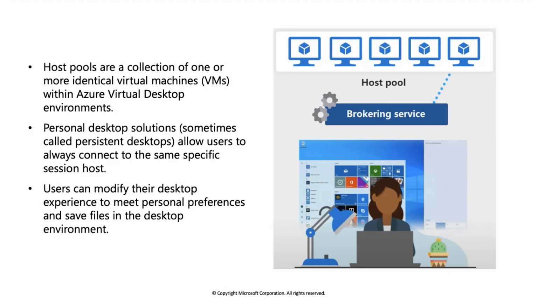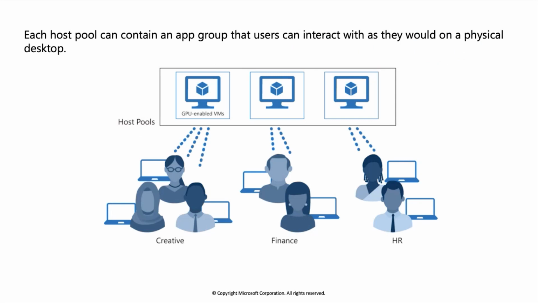So personal desktop solutions, right, are also referred to as persistent. This persistent is basically the one which makes sure that the users are always connected to the same specific session host. There are certain situations in which this can be done.